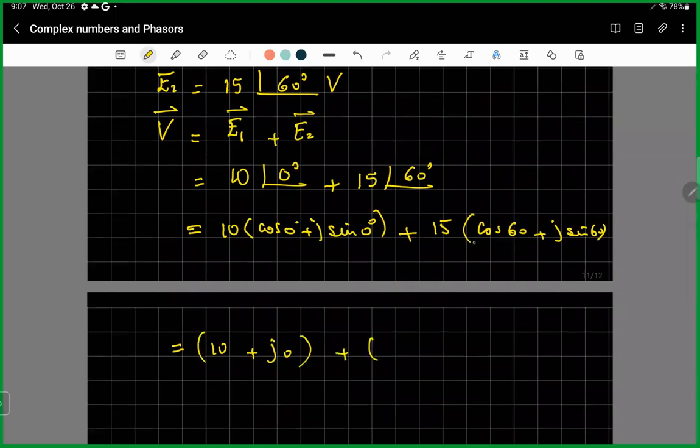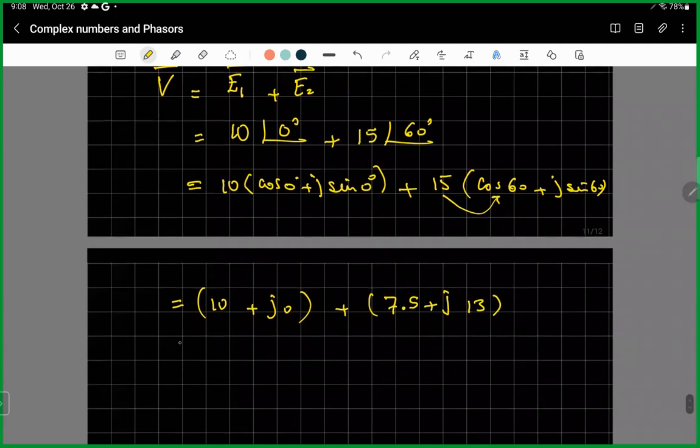Plus 15 cosine 60, I multiply 15 times cosine 60 to find the real part, which is 7.5, plus j 15 times sine 60, which is equal to 13. All right. Now I add real to real. 10 plus 7.5 will be 17.5 plus j13. So that will be the voltage in phasor.